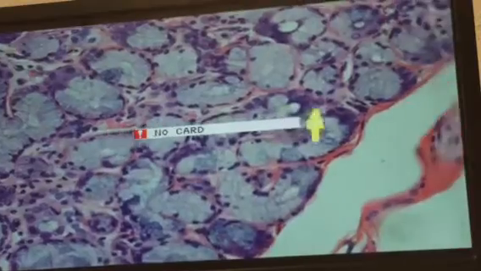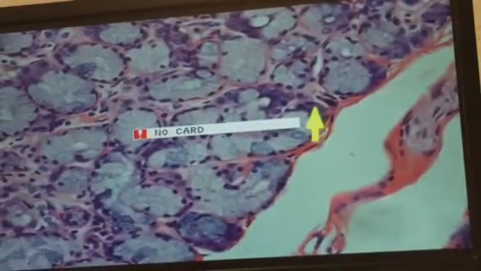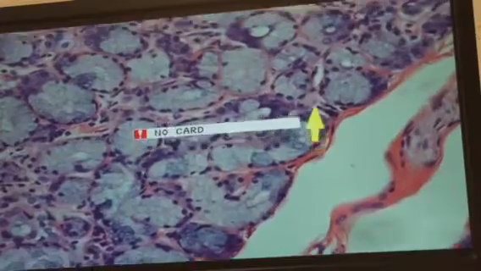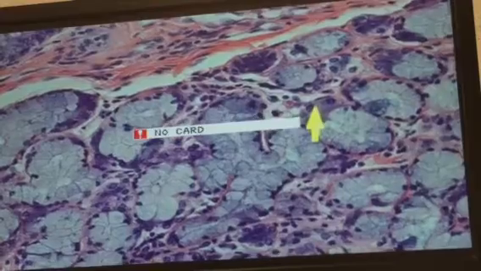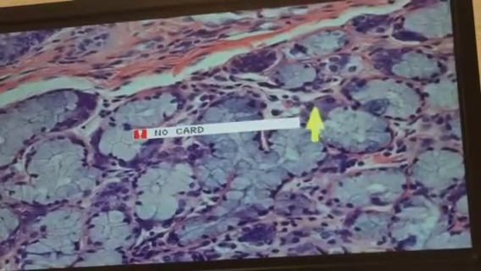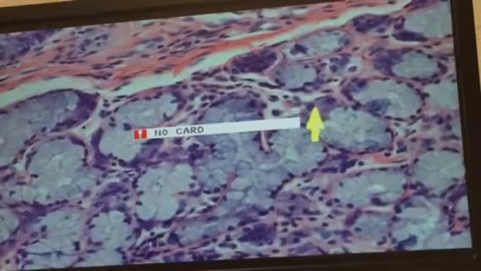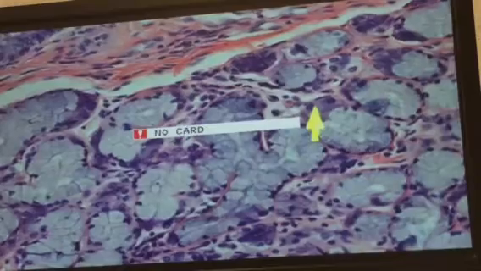So there's a serous demilune right there and right there. And the rest of these cells are all mucus secreting cells. There's another serous demilune right there. So fairly easy to find in this, but not nearly as many of those as you probably see in the submandibular gland.